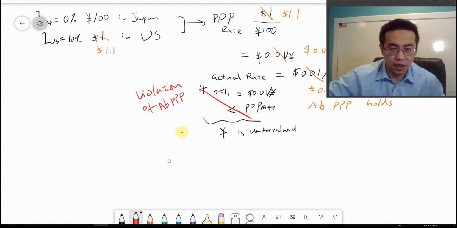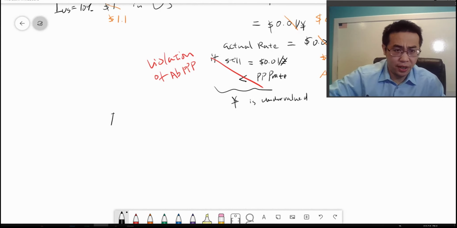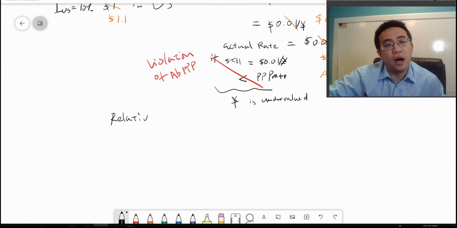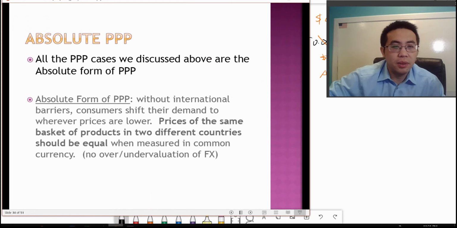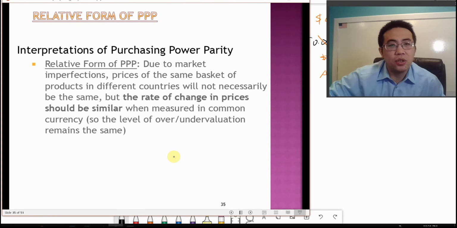But still, there's another form of purchasing power parity. We call it relative PPP. All right. So relative PPP basically says that due to market imperfections like shipping cost and transaction cost, prices of the same basket of products in different countries will not necessarily be the same.